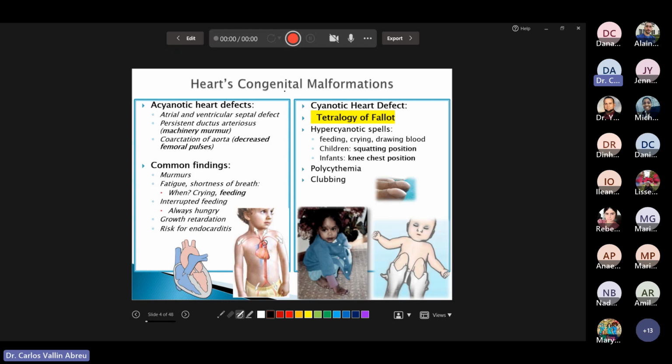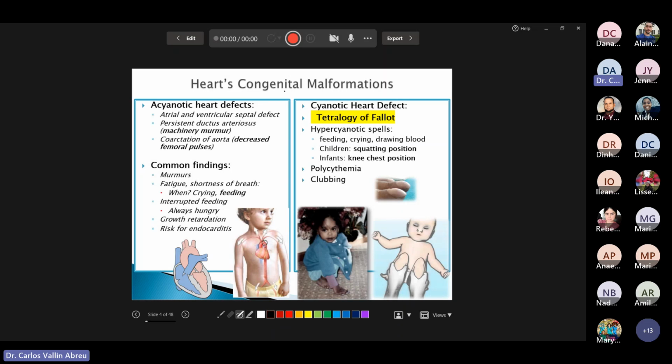Now, it's going to be a mother that comments to you, tells you that the baby is hungry, as normally babies are, and then she puts the baby to suck, okay, to breastfeed, but shortly after starting breastfeeding, the mother notices that the baby starts sweating, and the baby interrupts the feeding, the breastfeeding, because he sounds or looks short of breath.